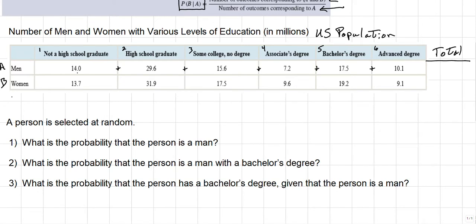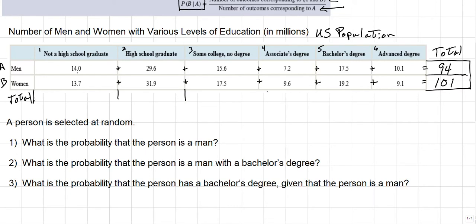And over here, I'll call it total also. What I can do now is add in the totals for men and for women. We'll pop these into the calculator, and this will add up to 94. I'll do the same thing for women. This is equal to 101.